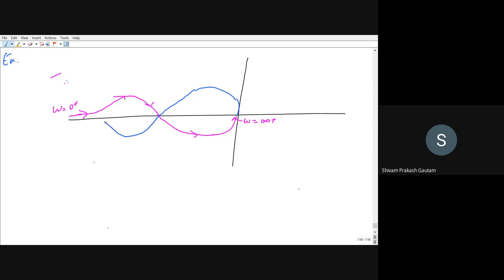Let us suppose this is the Nyquist plot of some transfer function. This is omega is equal to infinite minus, and it is going from here to here. In minus, it is going from minus infinite to 0. Omega is equal to 0 minus. And the direction is like this.